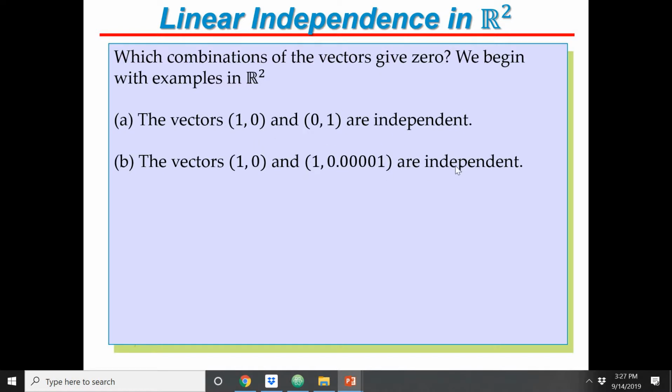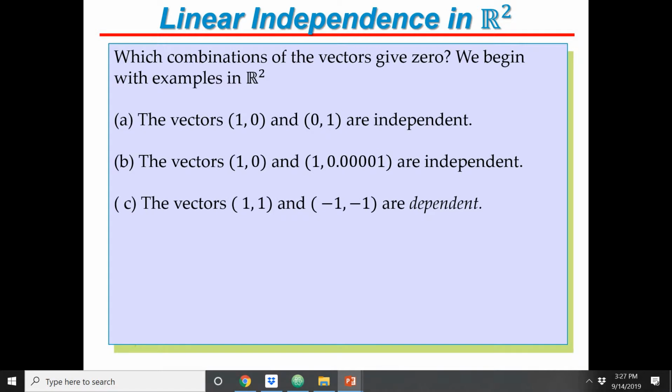So these two vectors are independent, and they form a basis of R2, which reminds you that the basis is not unique. Of course, 1, 0, and 0, 1 is the standard basis, but somebody can take this weird basis.